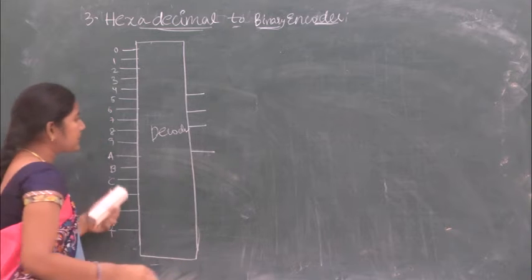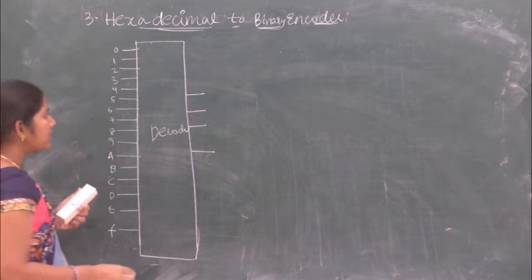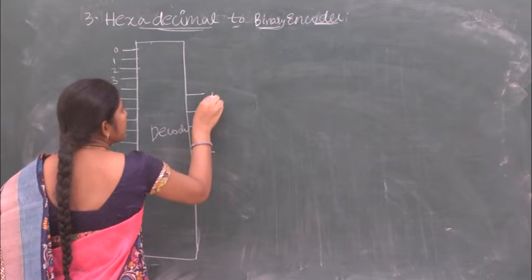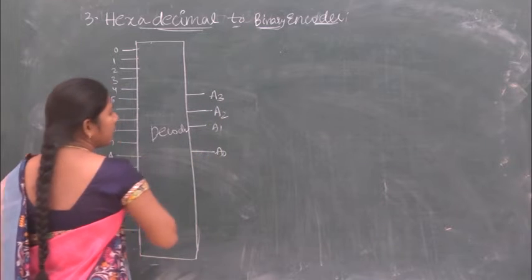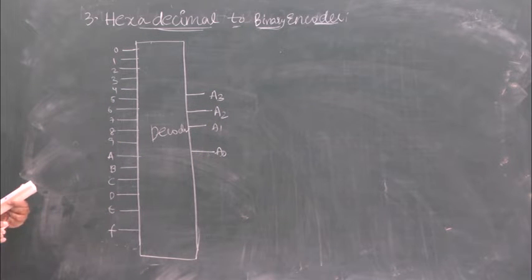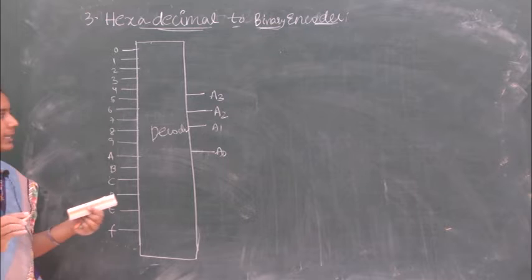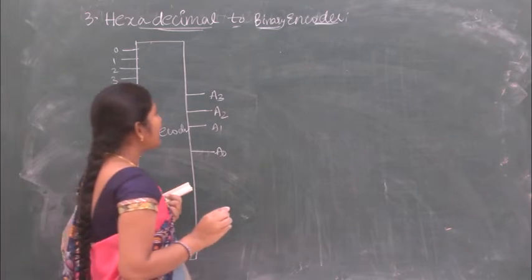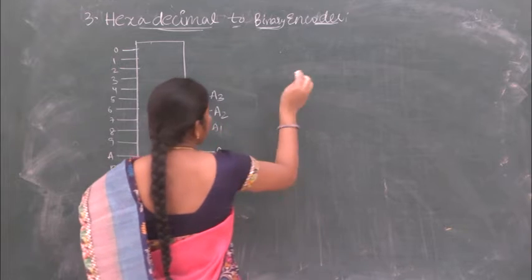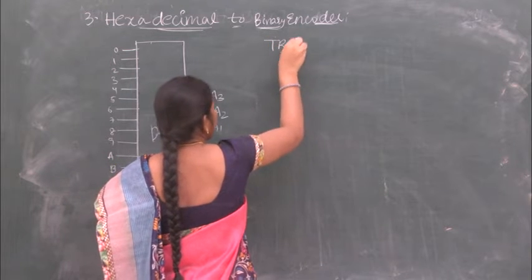So to represent 16 values in a binary number system, we require 4 bits. So I am taking the output values as A3, A2, A1, A0. Right? So now we need to find the logic diagram for this decoder. To get the logic diagram, first we need to develop the truth table.